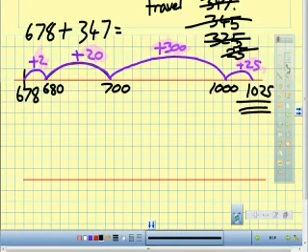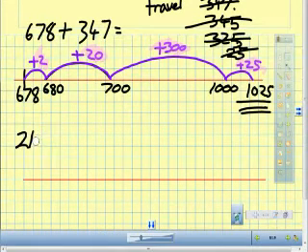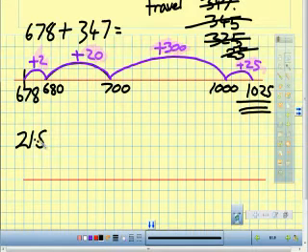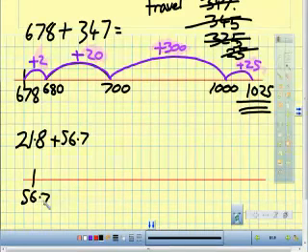Alright, so here we go. I'm going to write up the problem. I'm going to go 21.8. Oh, that's not a point. What am I saying? Let's try that again. 21.8 plus 56.7. Remember, I'm going to start with my largest number. So here we go, 56.7.